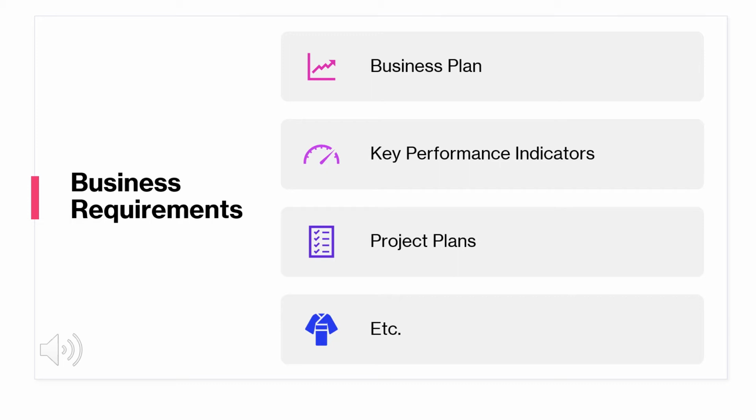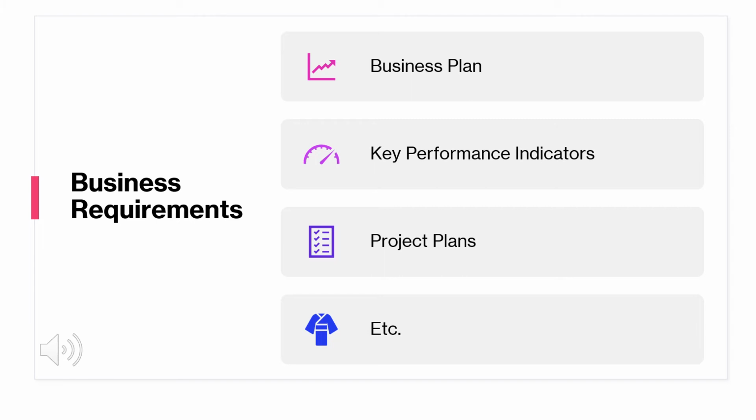Let's start with business requirements and different subsets of that category. One of those is a business plan, where you either create a business plan for a company that's starting out, or you can have a business plan for an operating company.